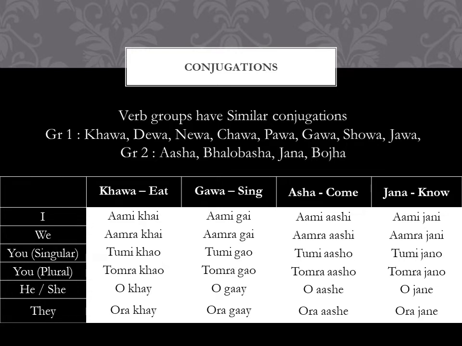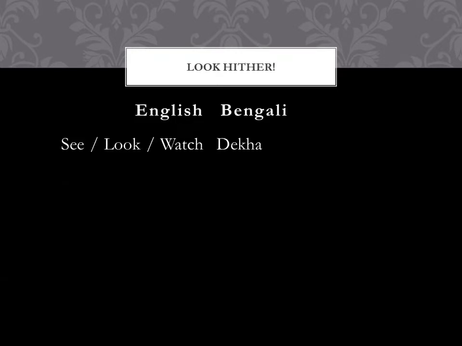The first verb which we are going to cover today is Dekha. And Dekha is a very general purpose word in Bengali in the sense that it covers all of the scenarios of see, look, and watch in English.